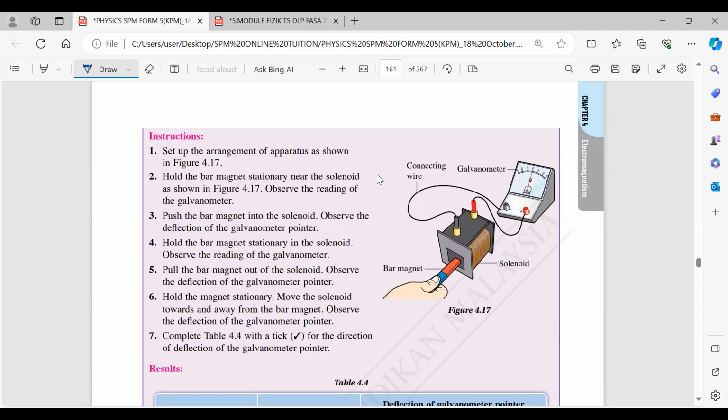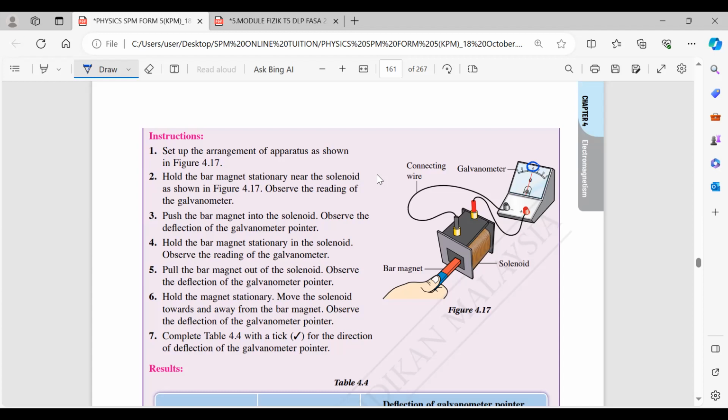Observe the reading on the galvanometer. I did mention before, in the galvanometer the reading 0 is at the center, so it can deflect to both sides. So the magnitude of the current induced can be measured in both directions. If you use a normal ammeter, it can only show one direction; the other direction will go out of the scale.